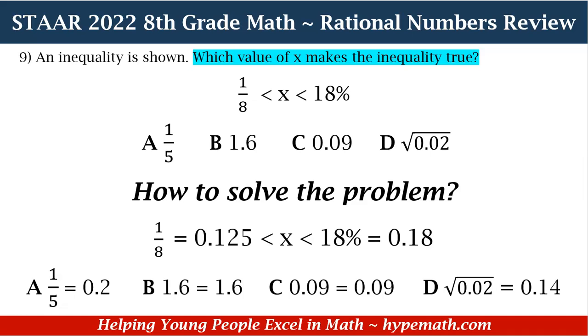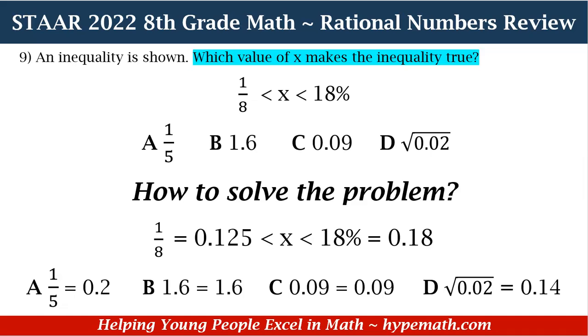Now let's go to B, which is 1.6. 1.6 is greater than 0.125. However, it is not less than 0.18. It's actually greater, okay? So that means B is incorrect. Let's look at C. Well, for C, 0.09 is actually less than 0.125. So C is wrong too.